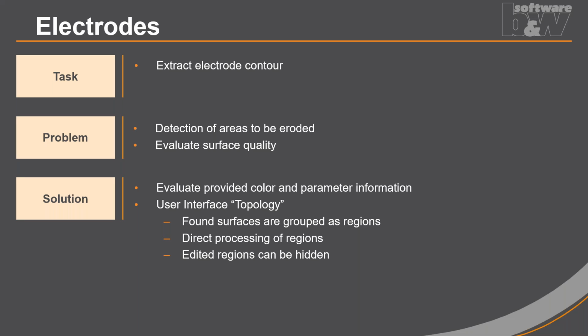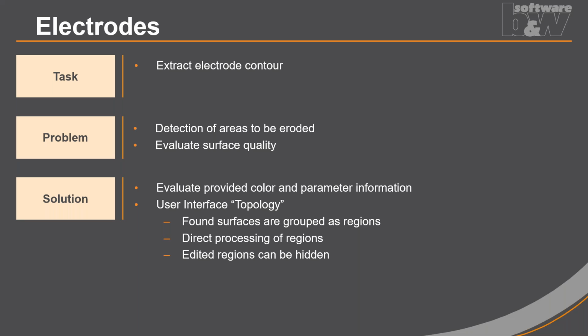So the task is extract electrode contour. The problems we may have here is we need to detect the regions or areas we would like to manufacture, and we have to decide or evaluate the surface quality we would like to achieve. The solution for this is we again evaluate the provided color and parameter information from Smart Color using Smart Update.